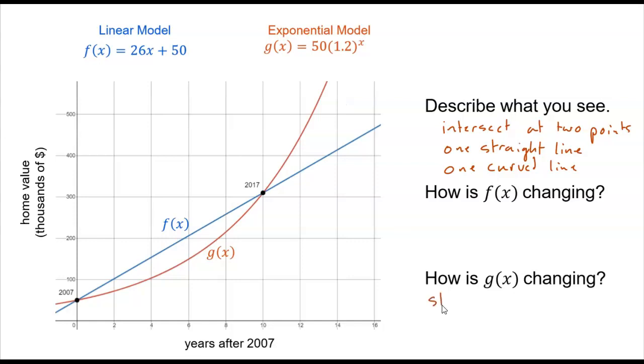So it starts slow and it gets faster. Whereas if we look at f of x, that's not changing its rate. It's actually going the same the whole time. So that's the same rate the whole time.